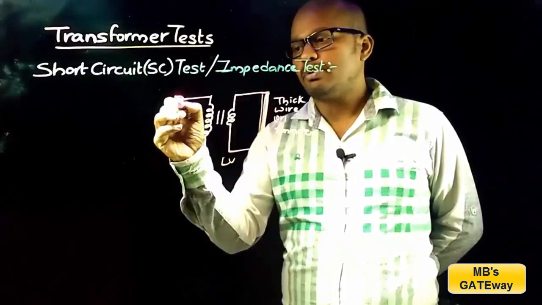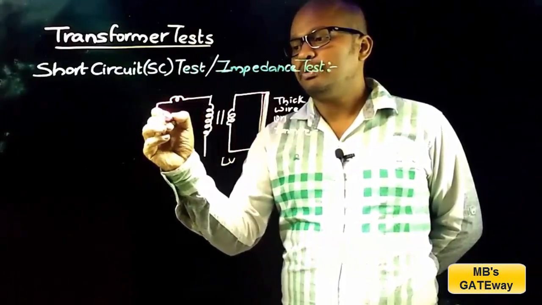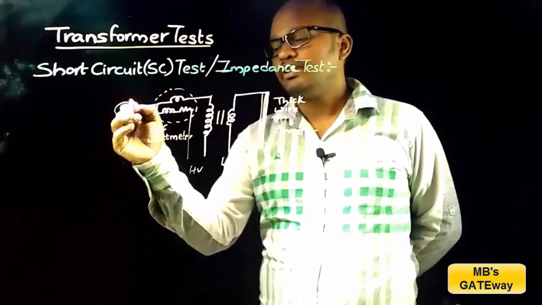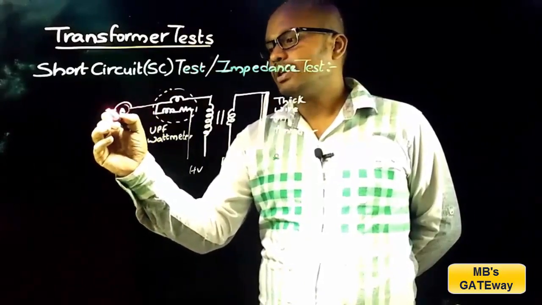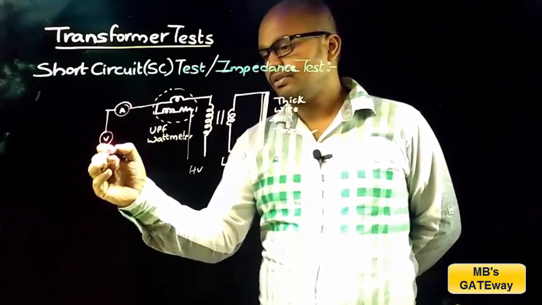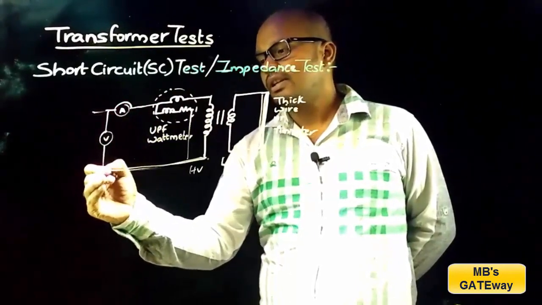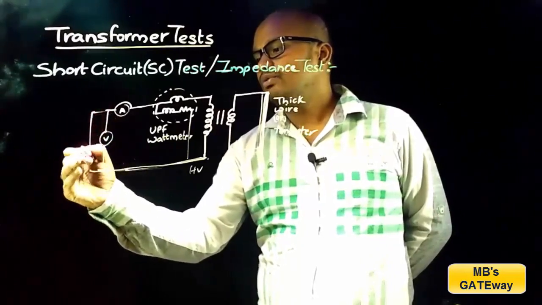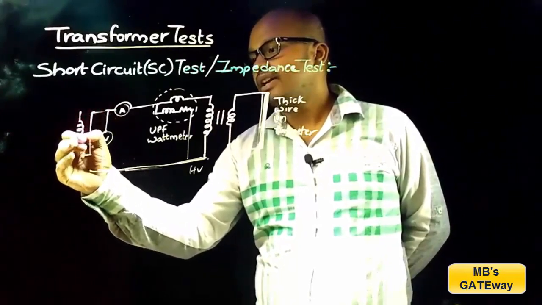To measure the input power, here UPF type of wattmeter is used, and to measure the input current, MI type ammeter, and to measure the input voltage, MI type voltmeter. And these meters are connected like this, and the supply is given through a single phase variac.